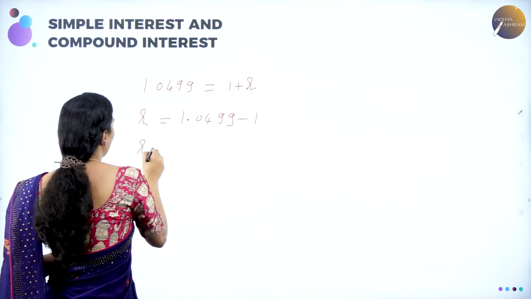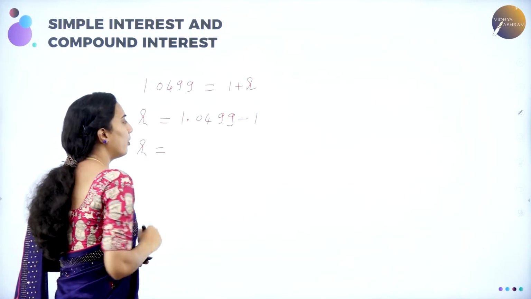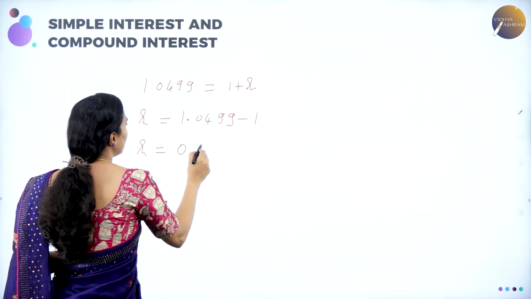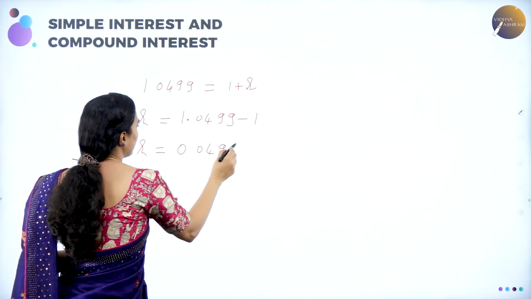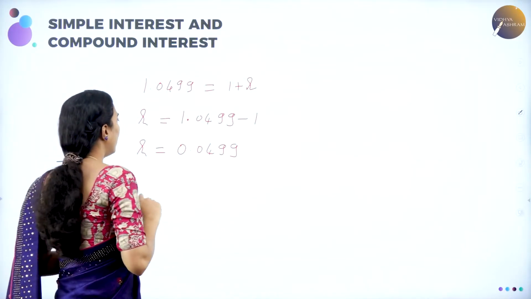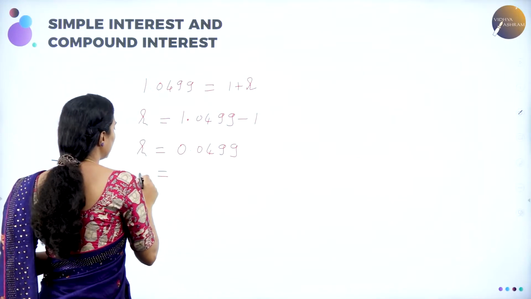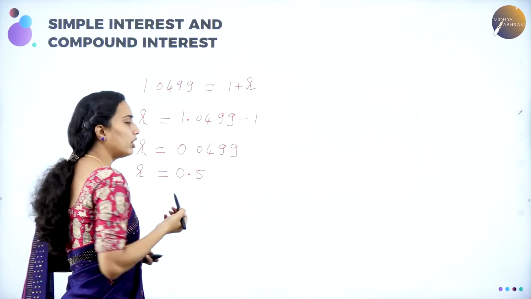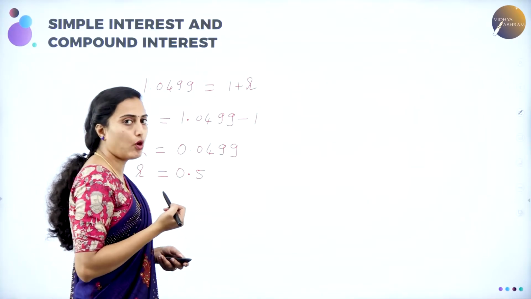You are going to get the answer, 1.0499 can be written as 0.0499, because you are going to take this 1 minus 1, right? Now this can be written as rounded off to 0.05, correct? Because 0.0499 can be rounded to 0.05.